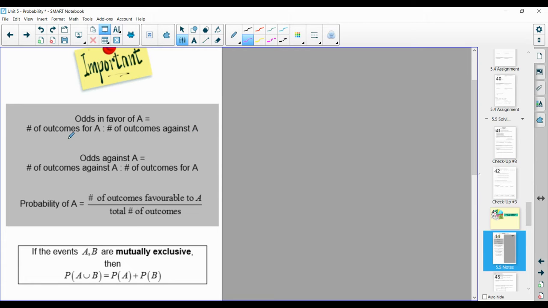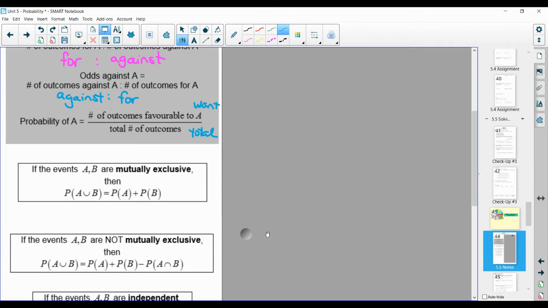So in other words, we're looking at for and against. And if it's odds against, we're looking at against to for, or against and then in favor of. Now for probability, probability is parts over whole, so it's what we want over the total.